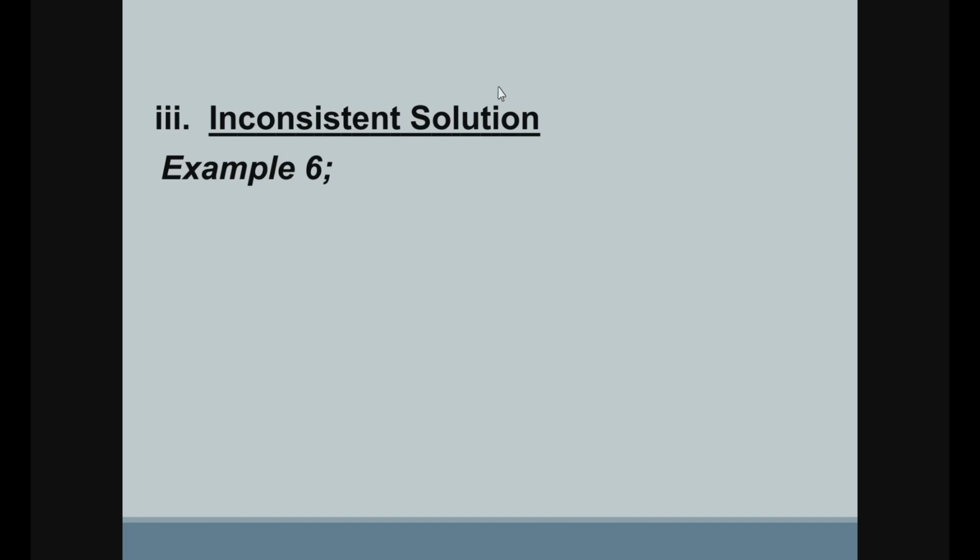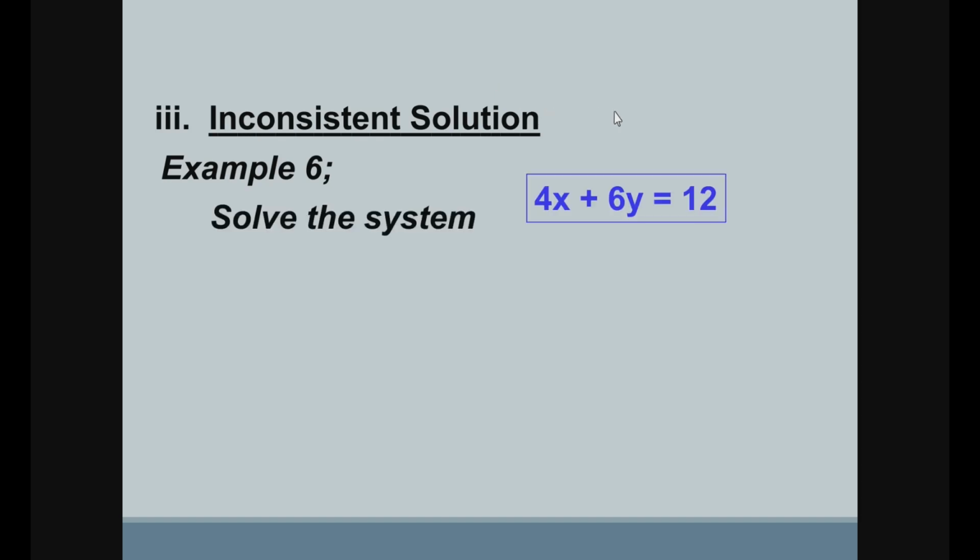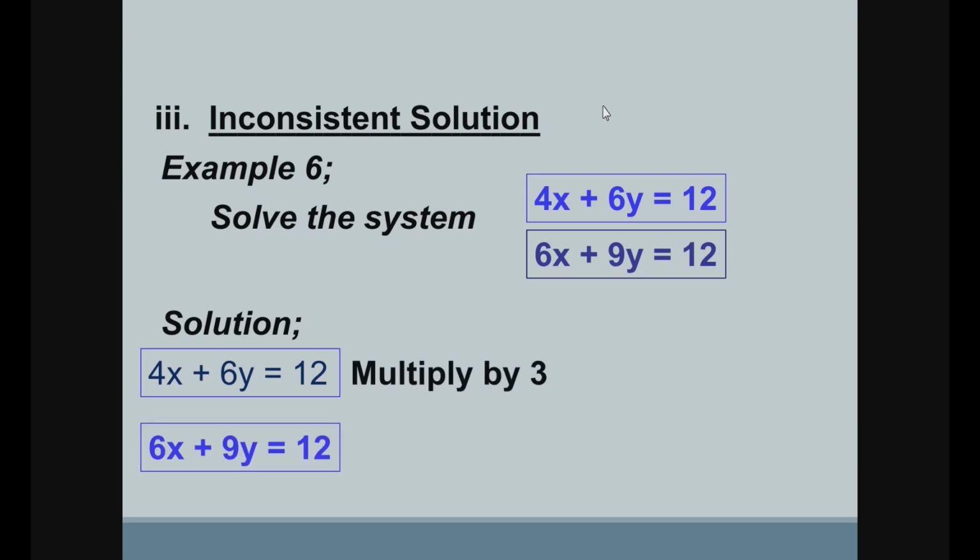We continue with the inconsistent solution. In example 6, we need to solve the system of equations. Okay, for this one, we want to cancel out the variable x.